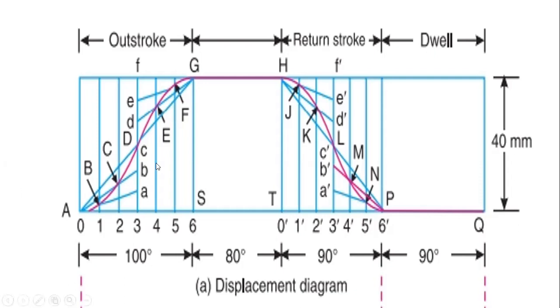After dividing the section into 6 equal parts, we have to take the center line, that is the third portion vertical line, and we have to divide this section also into the same number of equal parts, that is 6 equal parts.